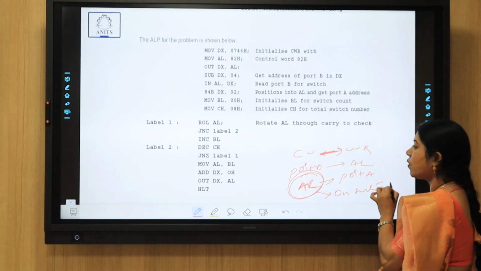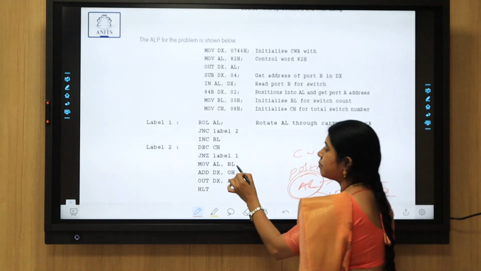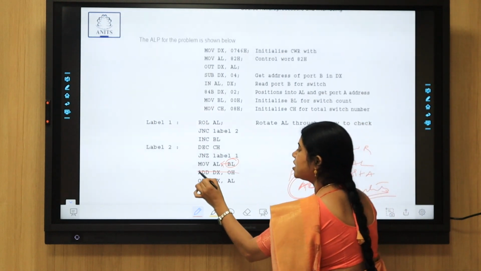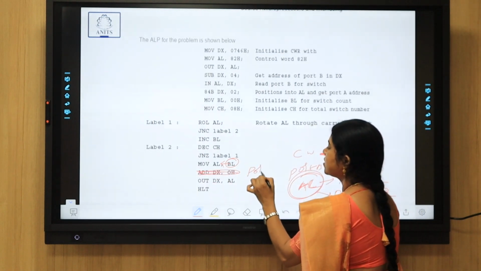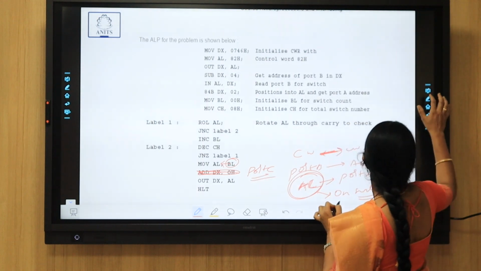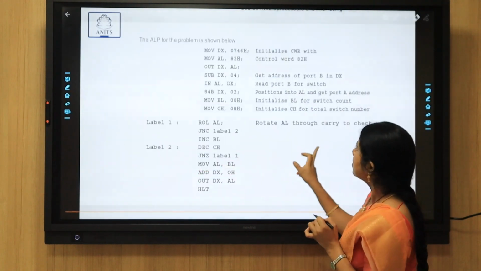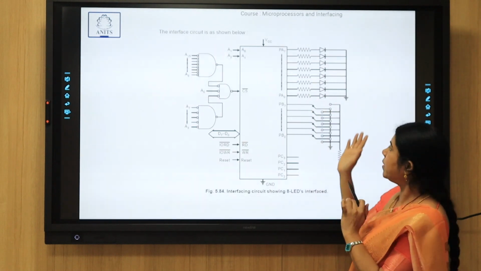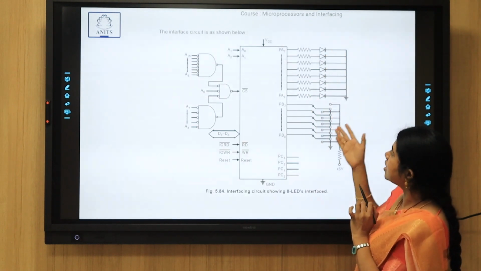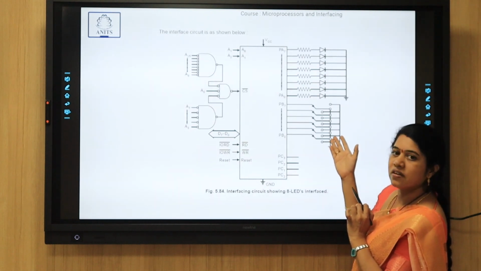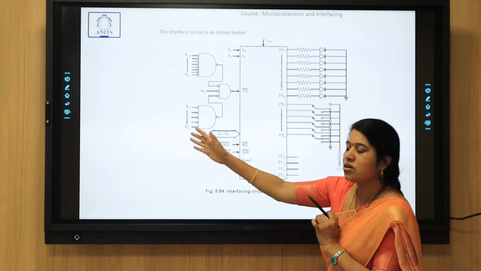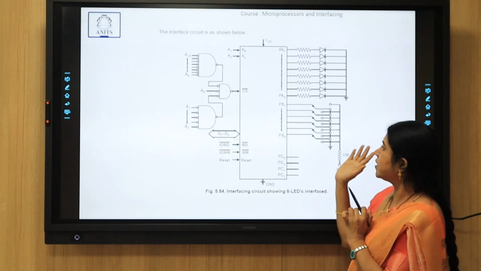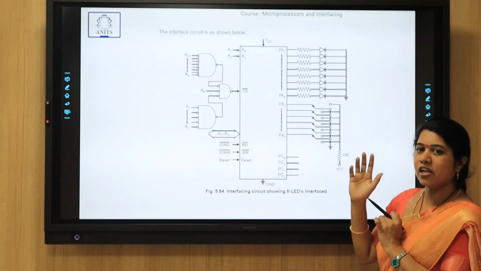Once the on switches count is in the BL register, that must be transferred to the accumulator. Then it has to be displayed on port C. So the 8255 can be used to interface these input or output devices with the 8086 microprocessor, so that the corresponding operation takes place.